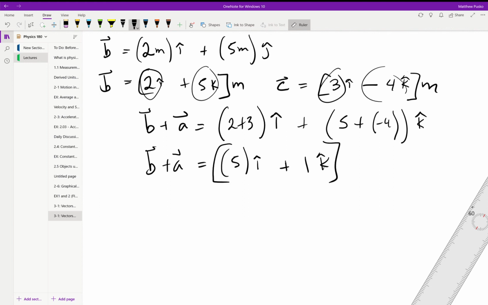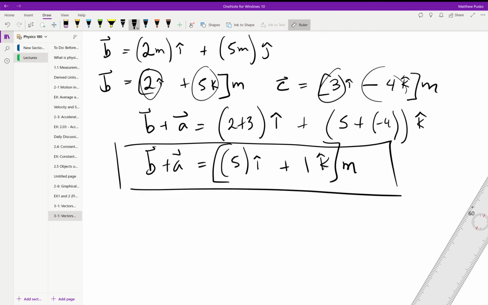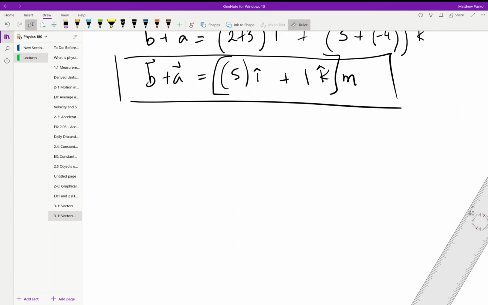And don't forget the units; this would be in meters. So if I added two vectors together and they had x and y components only, this is how we would do it.